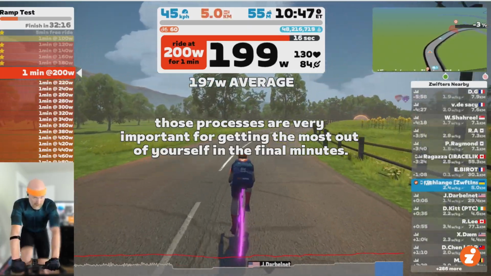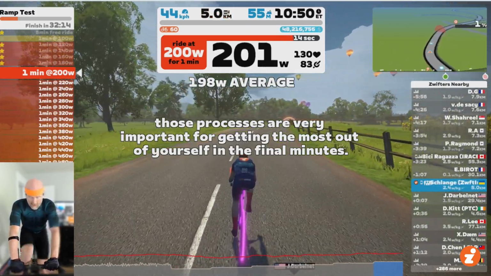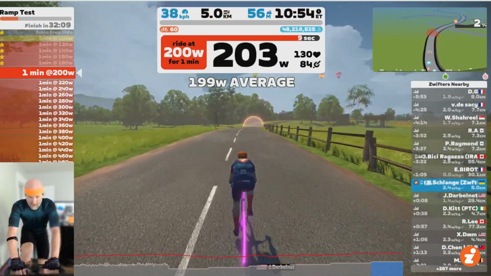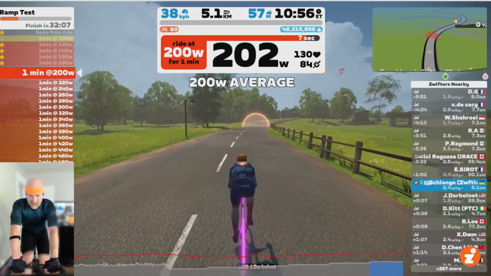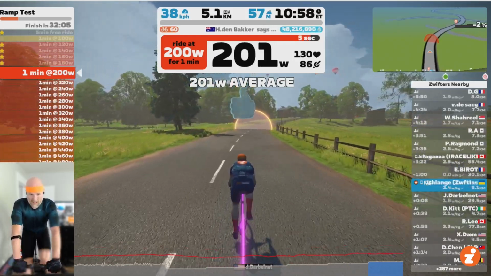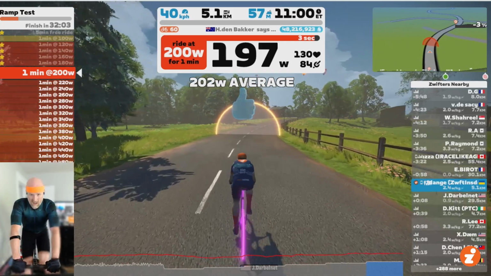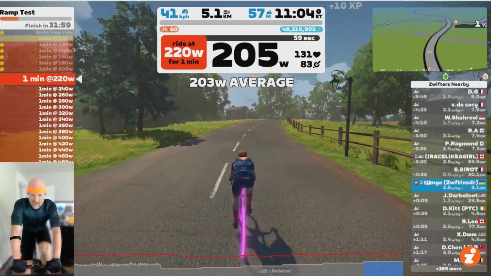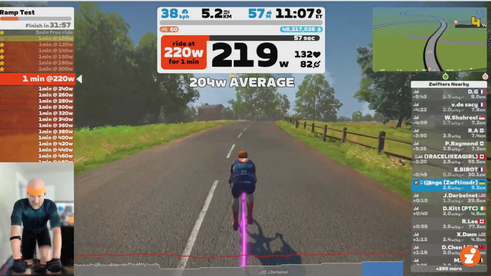Actually, it should be even slightly below it, because it takes the trainer a second to bump up the power when you start the interval. But it's always a little above it. See, it's already 201. Now it's 202. Doesn't make any sense.